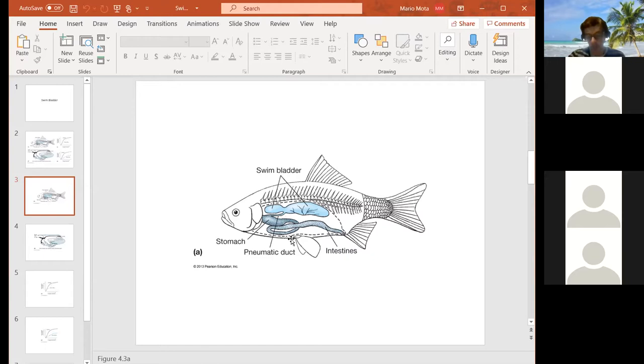That's there for a reason, because in some fish that pneumatic duct is lost, and then the gases enter the swim bladder another way, basically from the circulatory system, and the swim bladder has different anatomical features to help move the air in and out, and let the fish go up and down.